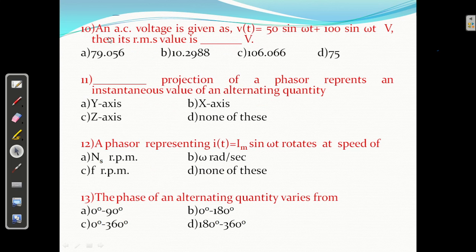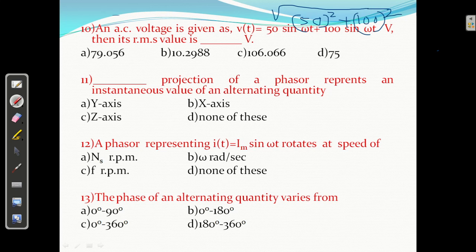Ten. An AC voltage is given as Vt equal to 50 sine of omega t plus 100 sine of omega t. So what is the RMS value? So first of all, under root of 50 square plus 100 square.